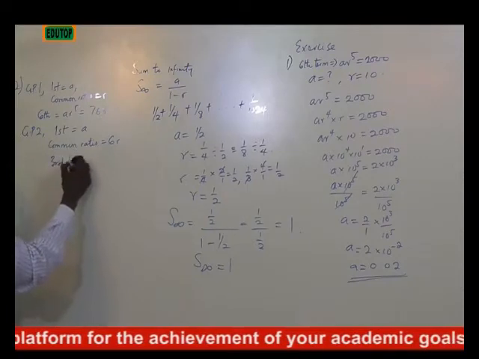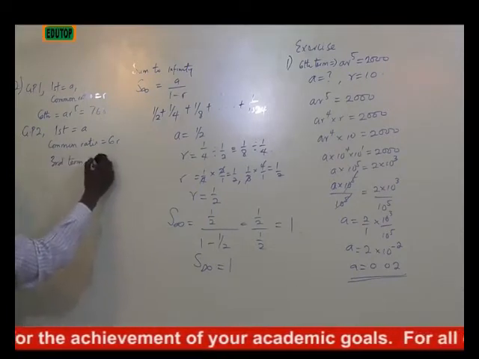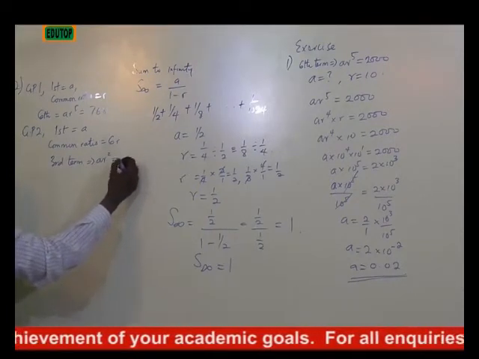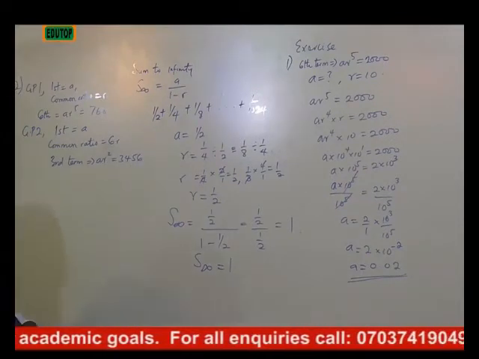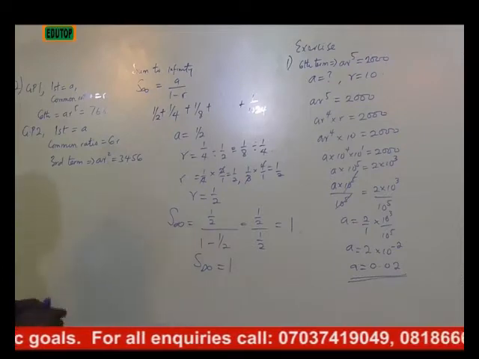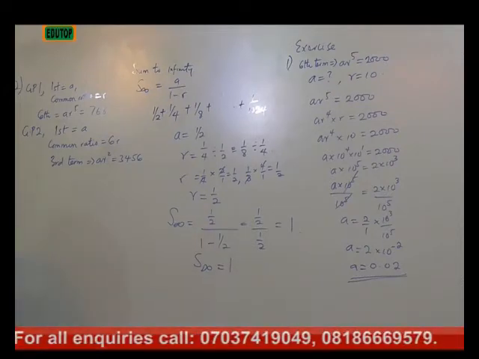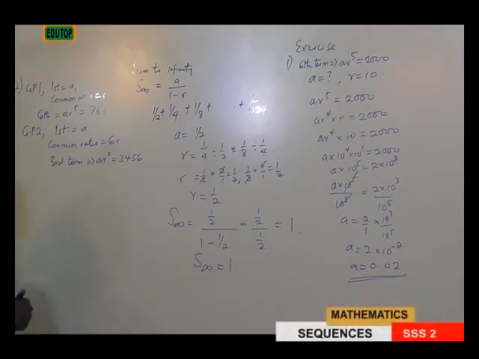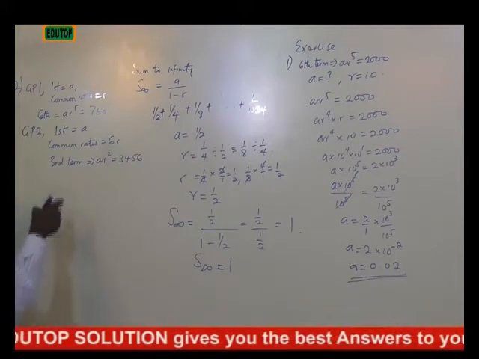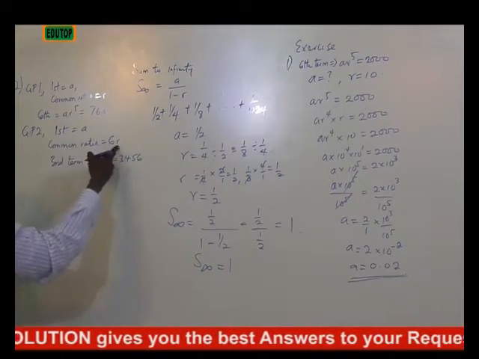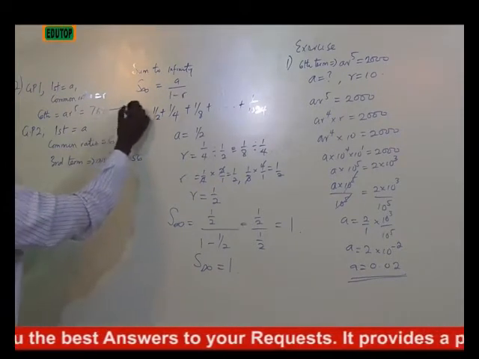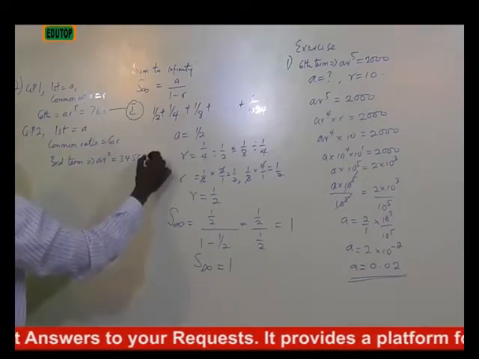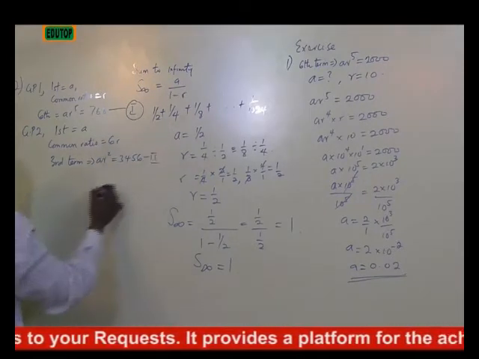Third term, which is AR squared, is equal to 3,456. The question asks us to evaluate A and R. Here, since the common ratio is 6R, let's call this equation 1 and call this equation 2.